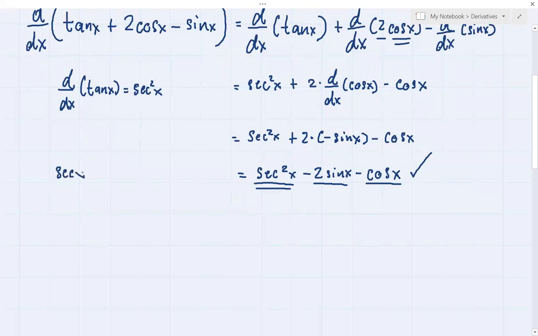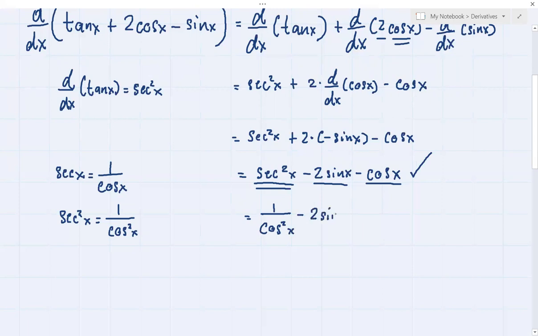So recall natin na si secant x is equal to 1 all over cosine x. So that means if I have secant squared x, then I will have 1 all over cosine squared x. So magiging 1 all over cosine squared x minus 2 times sine x minus cosine x.